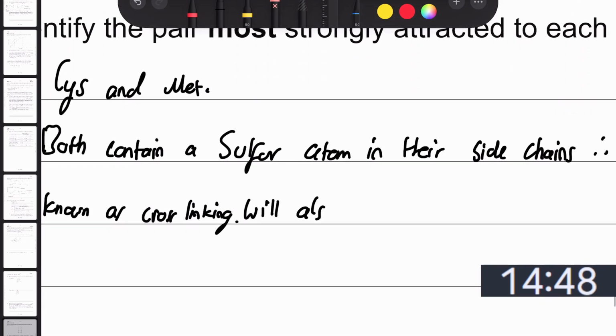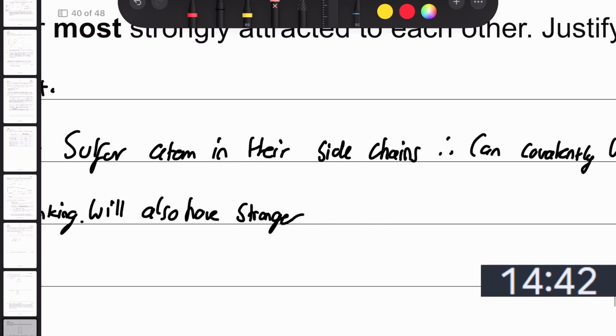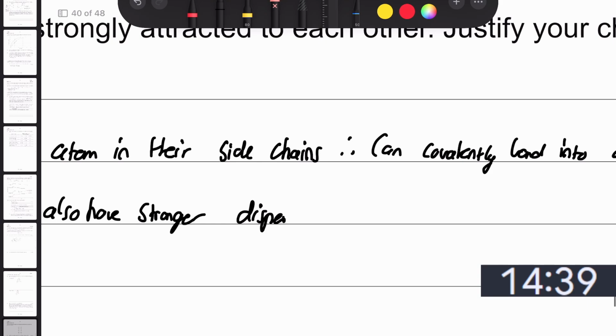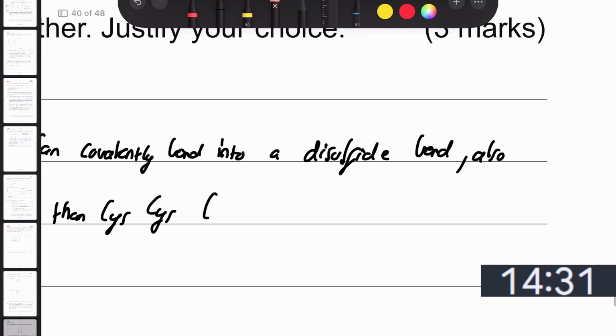We'll also have stronger dispersion forces than Cys, which will have cross-linking as well.